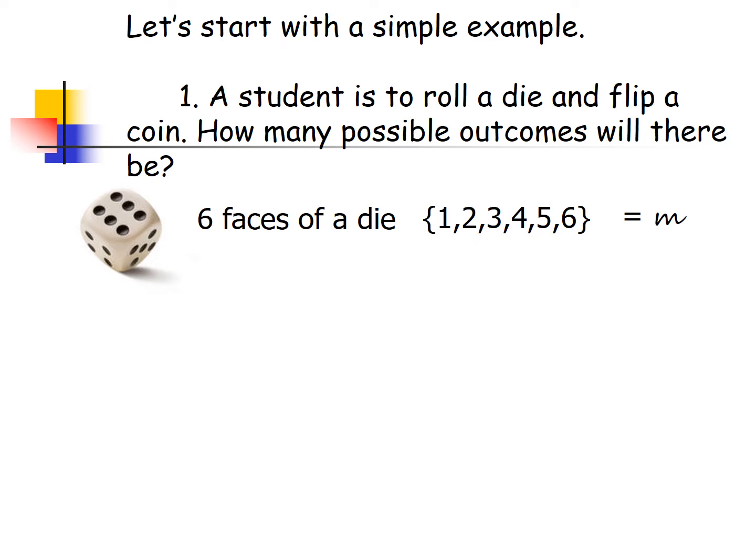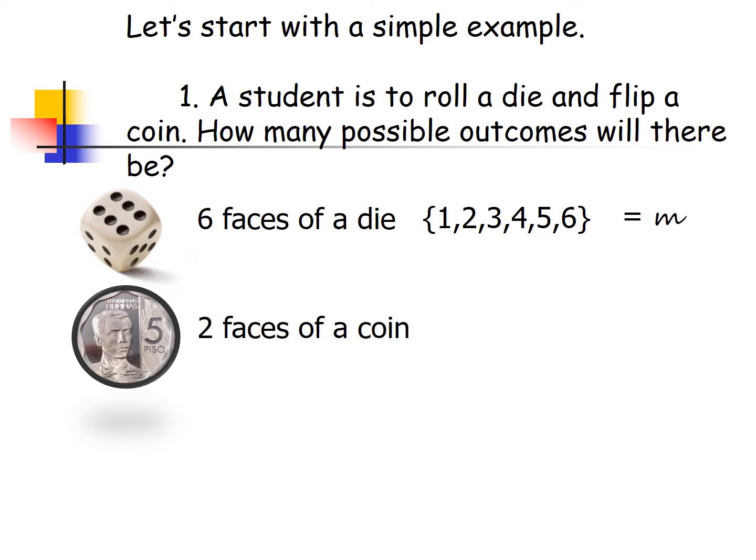Next. May coin tayo dito sa problem. So, nag-flip ako ng coin. Diba in flipping a coin, ano yung faces ng coin? These are head, tail. So, yung tawag ng iba sa Tagalog ay cara cruz. Diba? Cara cruz.